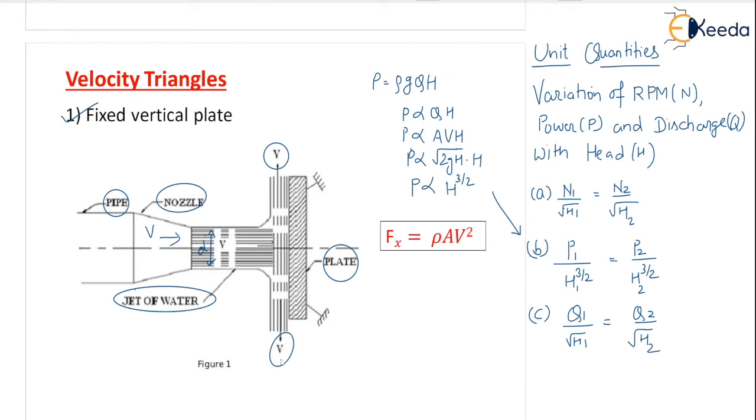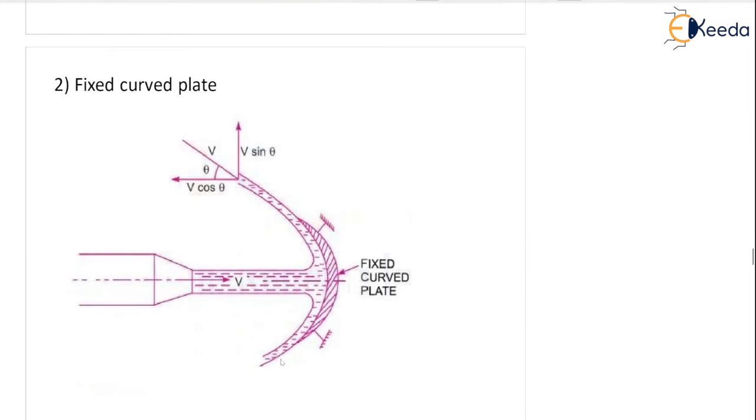Now let us see the next case: fixed curved plate. In this case also the plate is not moving at all, it is fixed. V is the velocity with which water is coming from the nozzle.